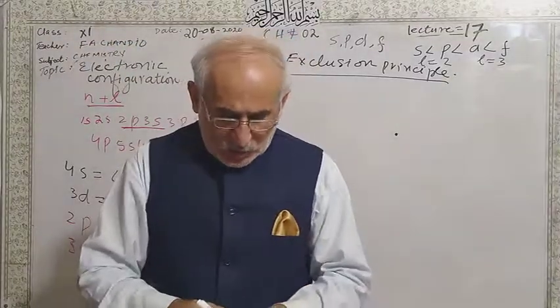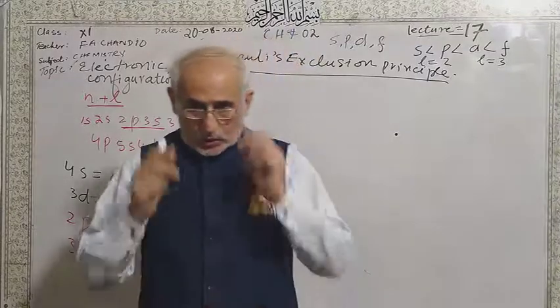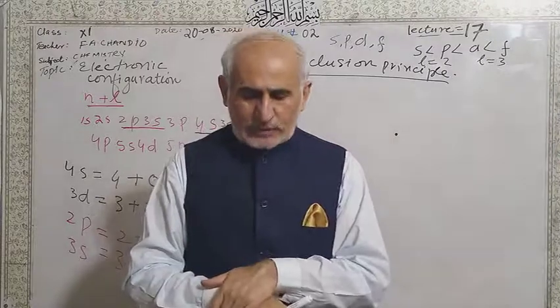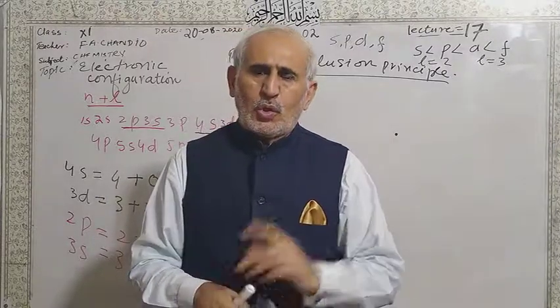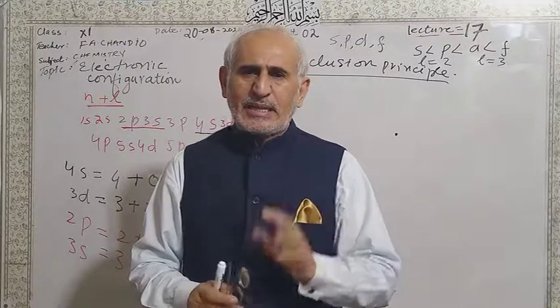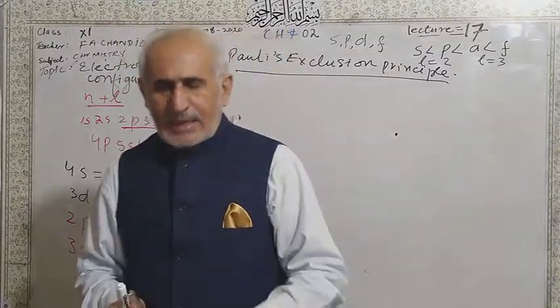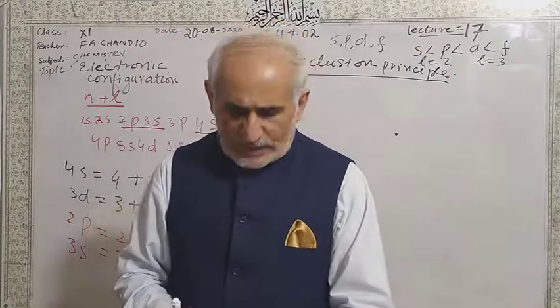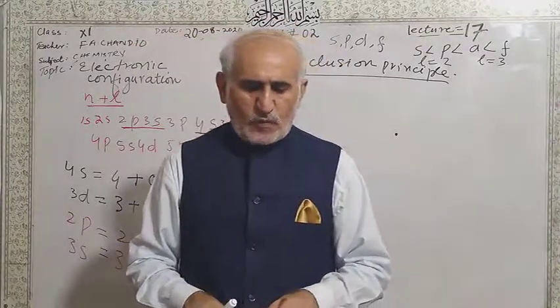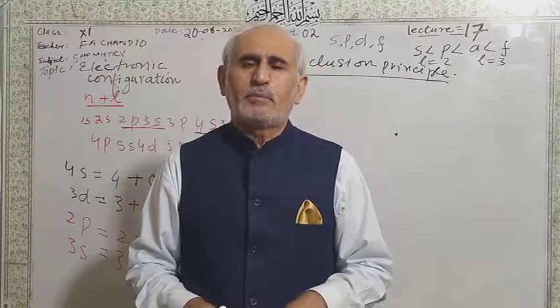According to this rule or principle, no two electrons in the same orbital can have the same values of all four quantum numbers.